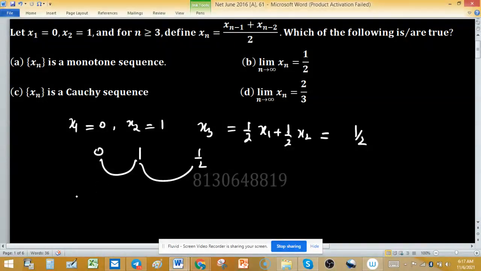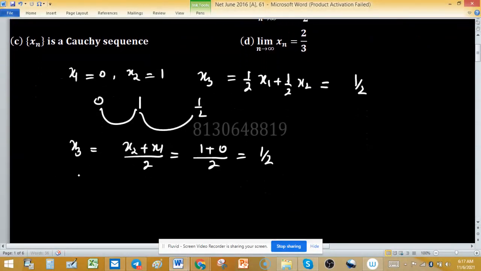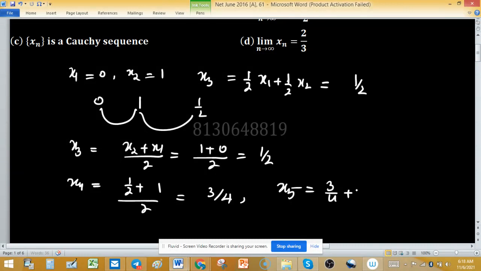convergence of the sequence. So x3 will be x2 plus x1 divided by 2, and this one will be 1 plus 0 divided by 2, means half. x4 will be half plus x2, that is half plus 1, divided by 2, and this one will be 3 by 4, and then x5 will be 3 by 4 plus half divided by 2, and this one is equal to 5 by 8.